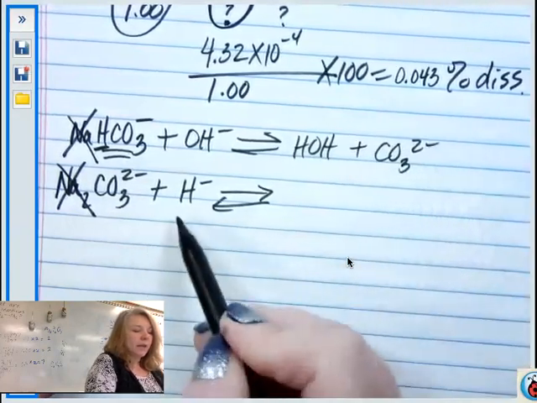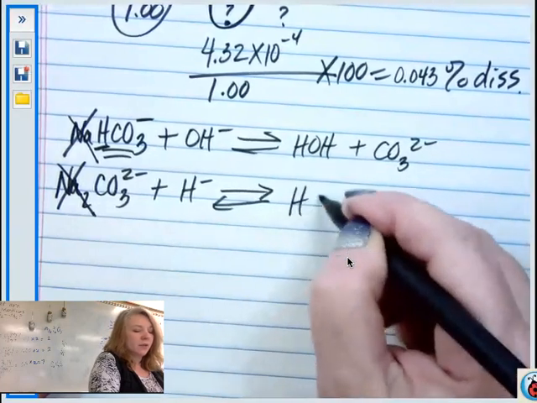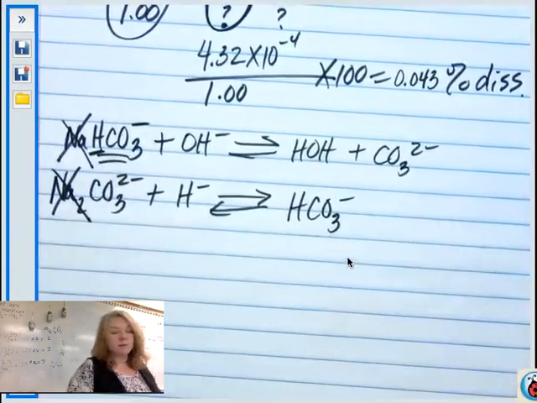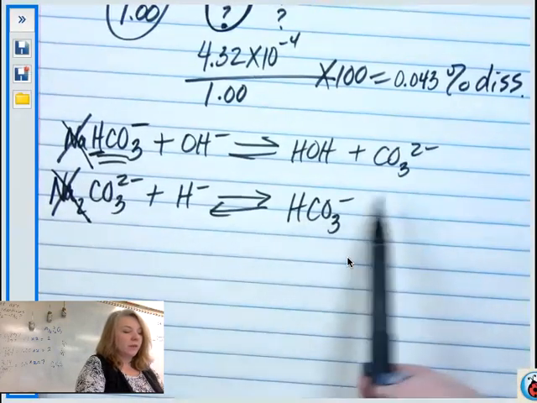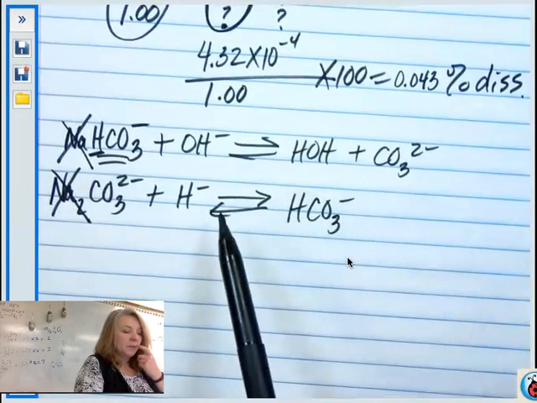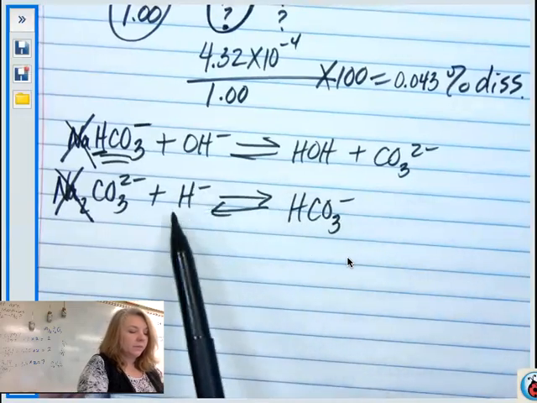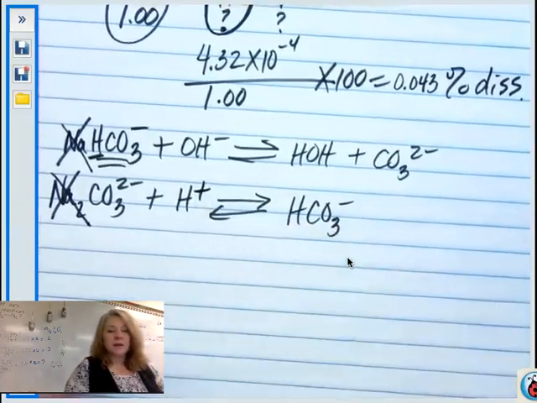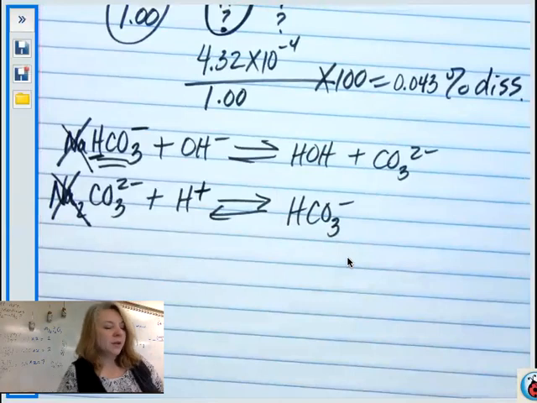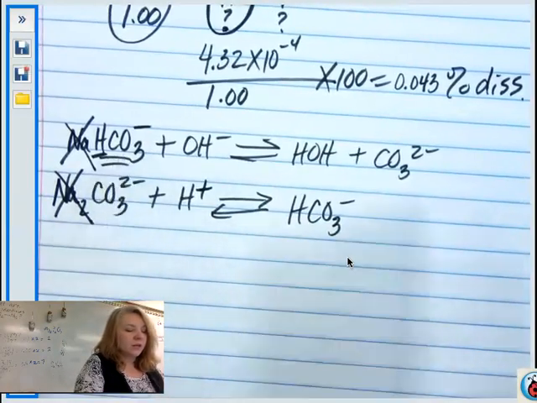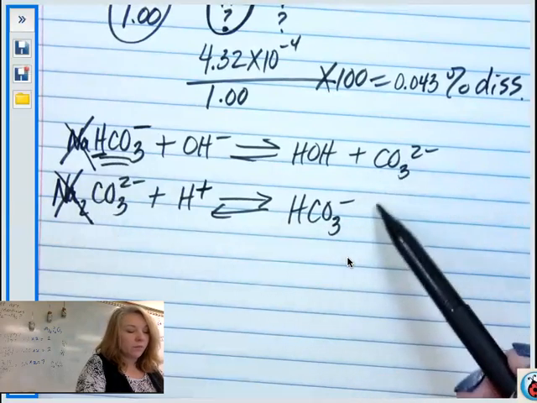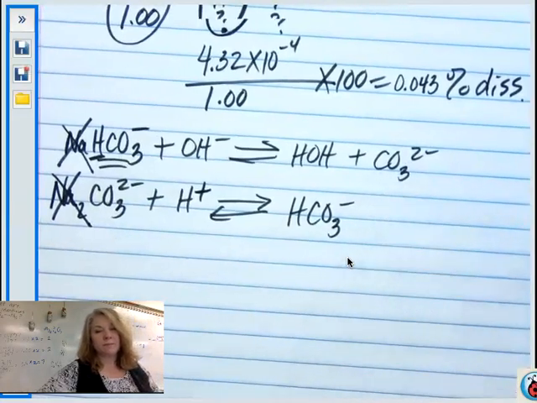If this is dealing with an acid invader, then you have HCO3, and that's it. So you see how you've got these two reactions. I messed up, that's supposed to be H plus. Thank you for correcting that in your head. But you're just dealing with the two things that are conjugates of each other, and look what they form. They form their conjugates. Kind of cool, huh?